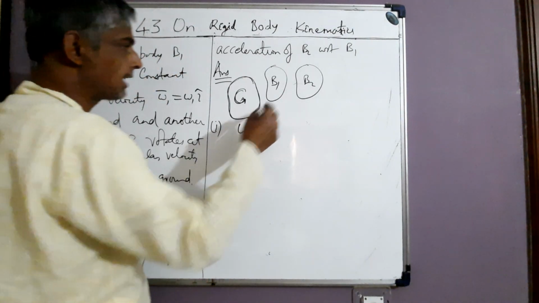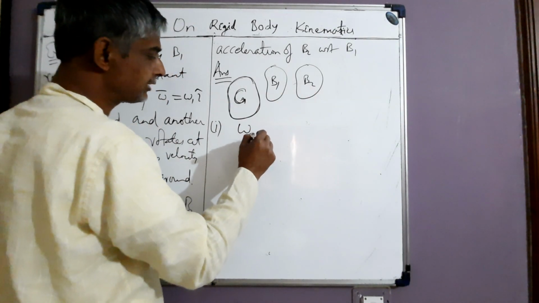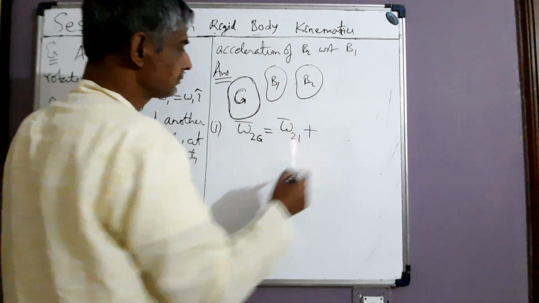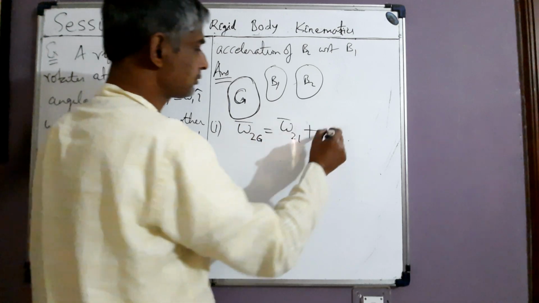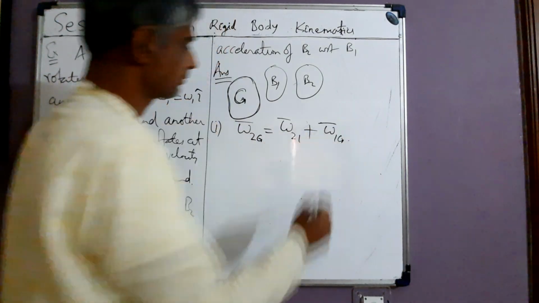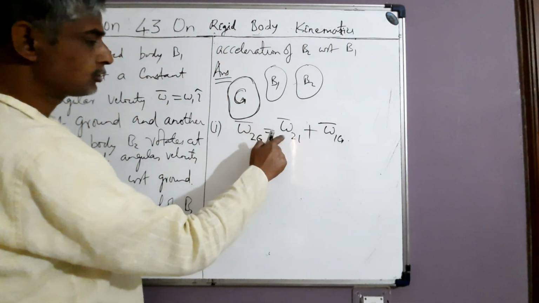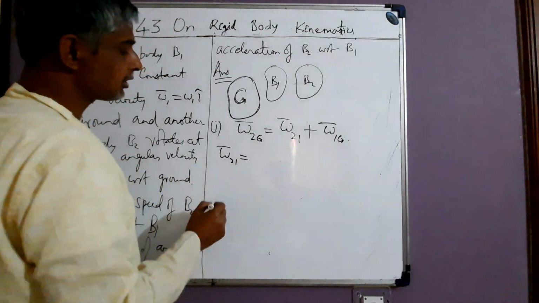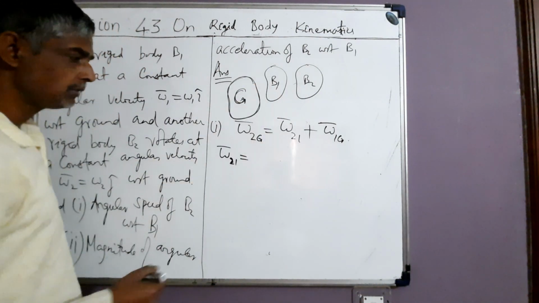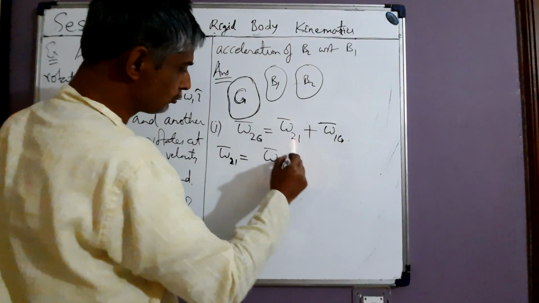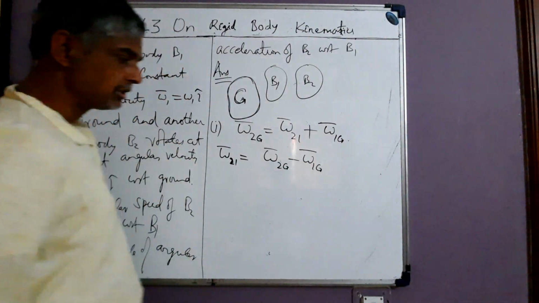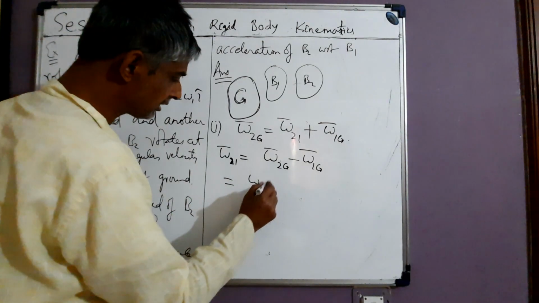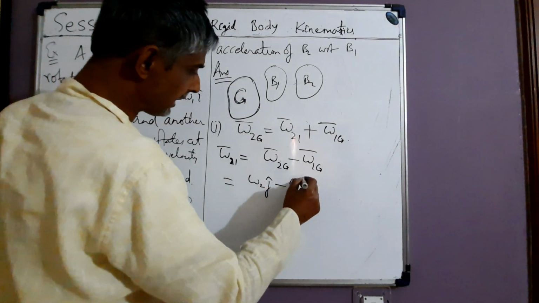So, angular velocity of 2 with respect to g, omega 2g, is equal to angular velocity of 2 with respect to 1, omega 21, plus angular velocity of B1 with respect to ground, that is omega 1g. We have to determine the magnitude of omega 21, the angular velocity of body B2 with respect to body B1. That is just omega 2g minus omega 1g. Omega 2g is omega 2 j hat, and omega 1g is omega 1 i hat.